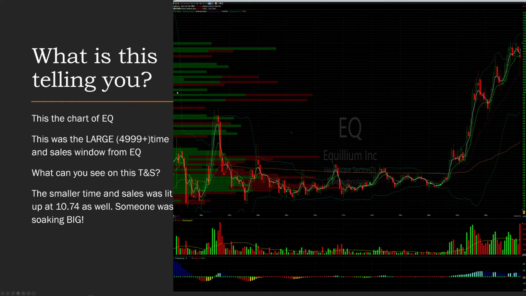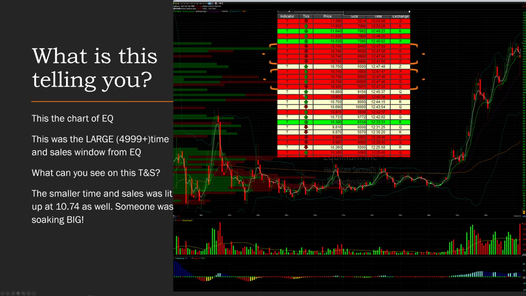Now this is a chart that I was playing. This is EQ, and this is the large time frame orders that I have. My level 2. Remember in the beginning I said if it captures more than 5,000, I want to see it. This is an example of why. So what do you guys see?